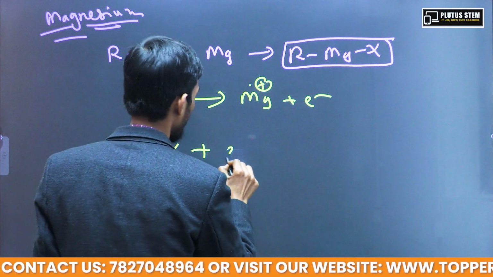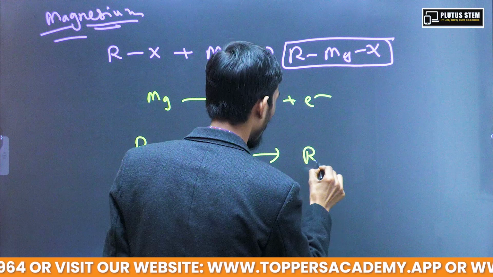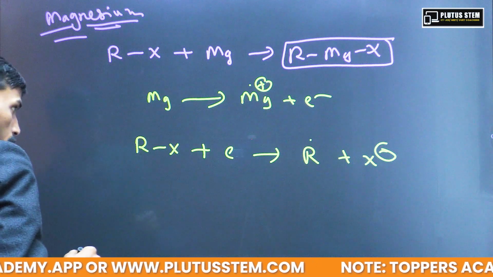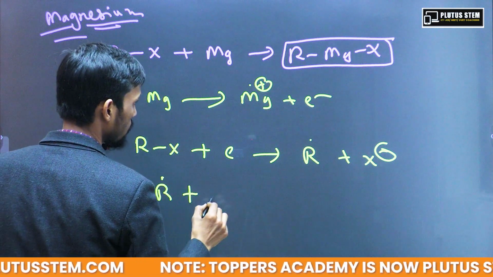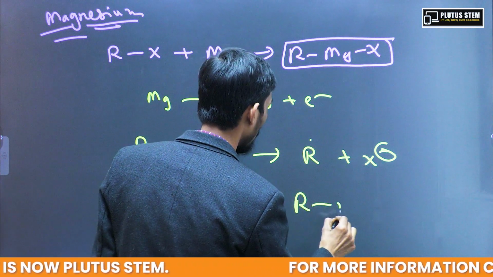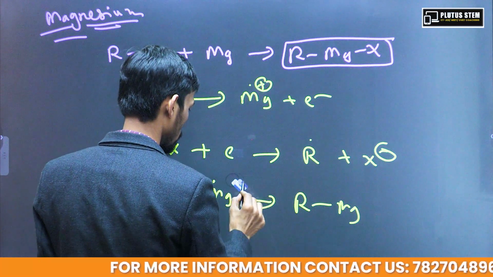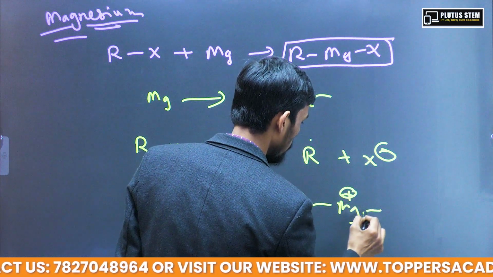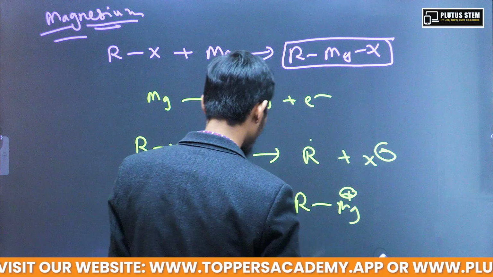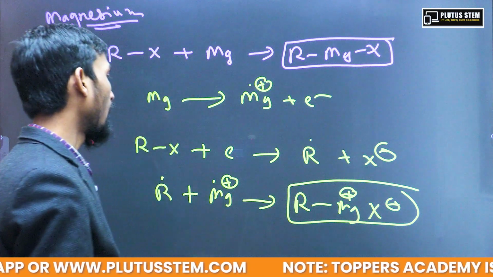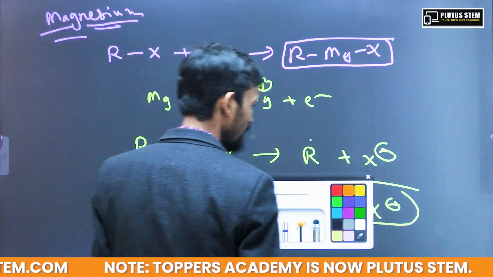We are going to get R free radical plus X negative, and this Mg positive and R dot plus Mg dot X will form RMg positive, and that will be linked with X negative. So this is the Grignard reagent RMgX. This is the way how this Grignard reagent is formed.